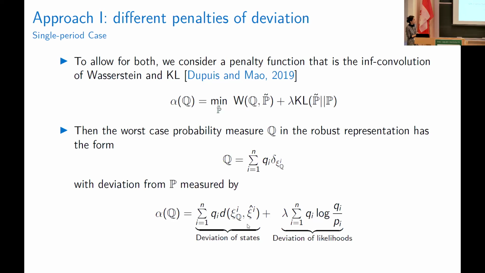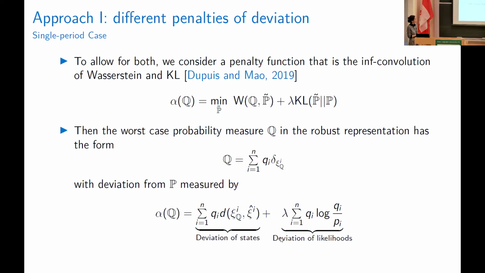So as a comment before, this D represents the deviation, like the norm or metric I consider in the Wasserstein distance, which penalizes the deviation from the observed states in the data, to some new possible states, which I denote here as Q. So that's why I note here the deviation of the states.